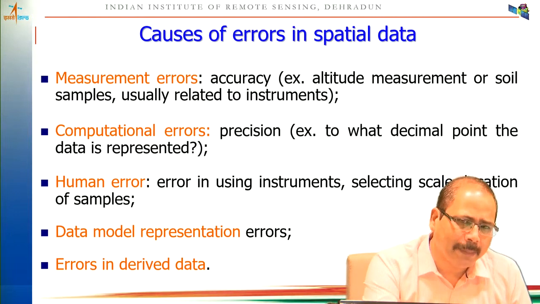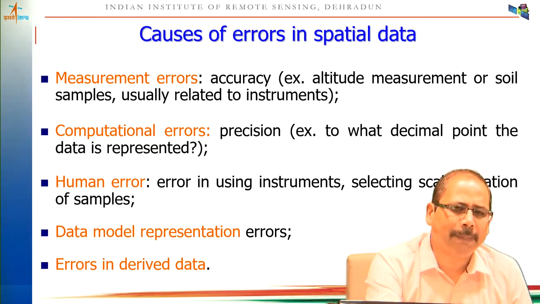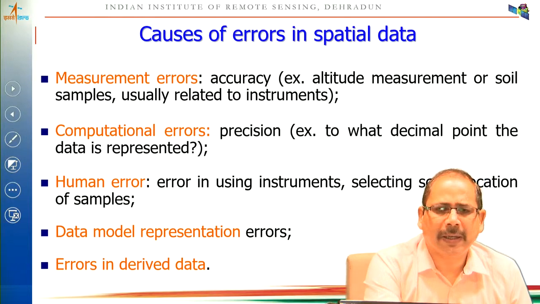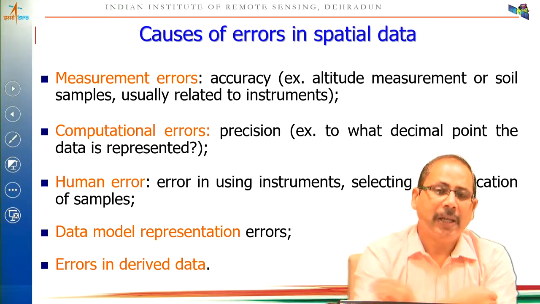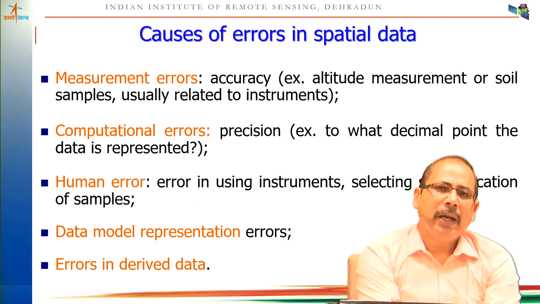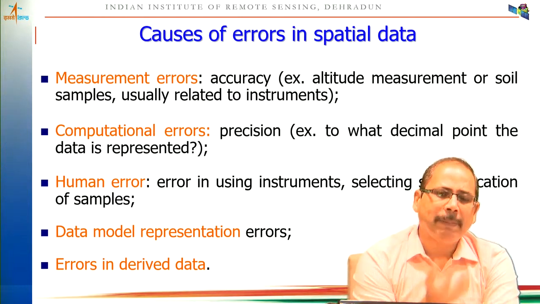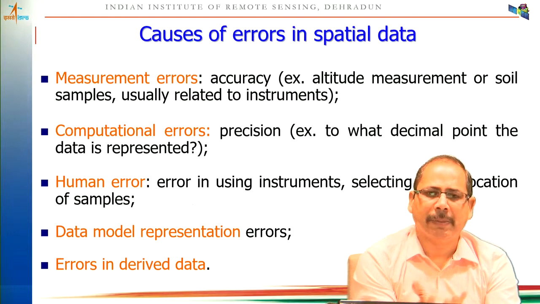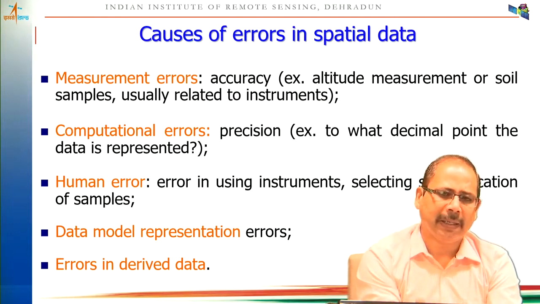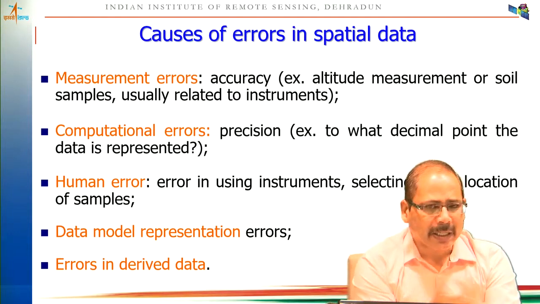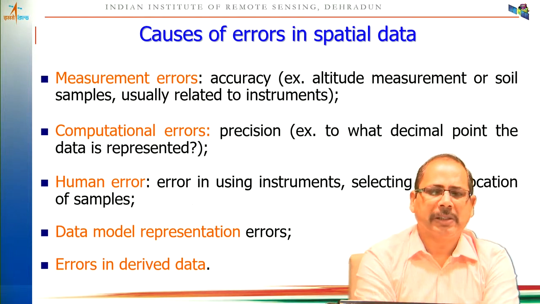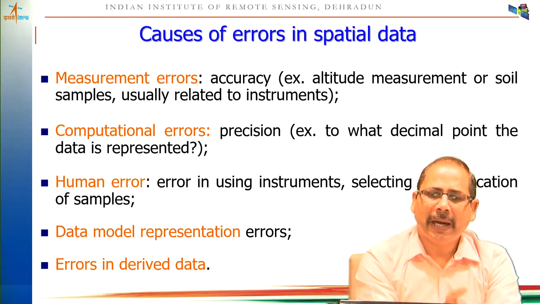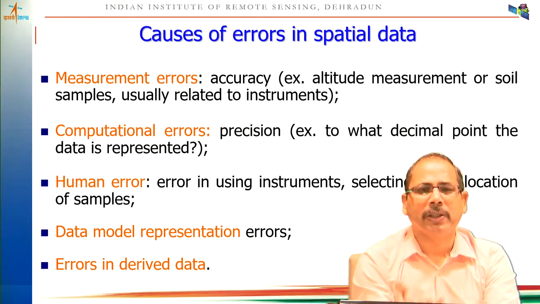Suppose, for example, through our instrument like a GPS device or maybe a GNSS receiver, I have decided on 8 decimal places when I am taking the measurement. But when I transfer this information to the computer system, I consider only 2 decimal places. Then that means I made a computational error.